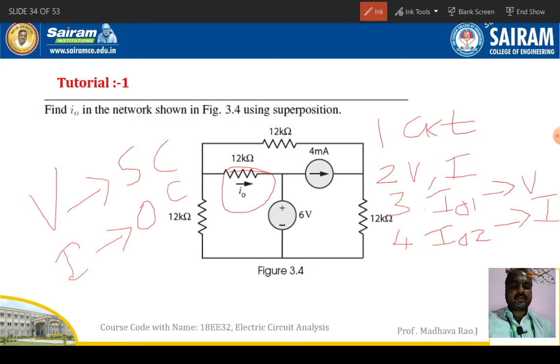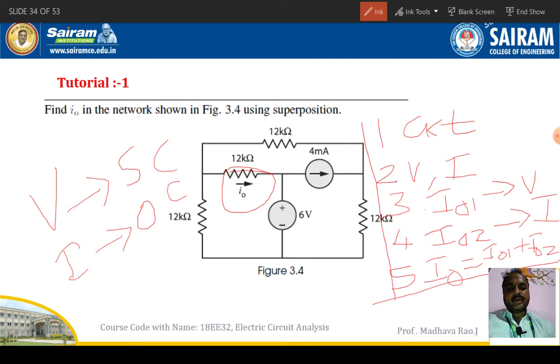These rules we have to follow. And finally, the total current I naught is equal to the algebraic sum of I naught 1 plus I naught 2. So these are the steps we have to follow while doing the problem.